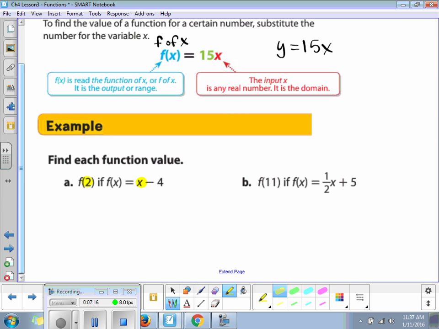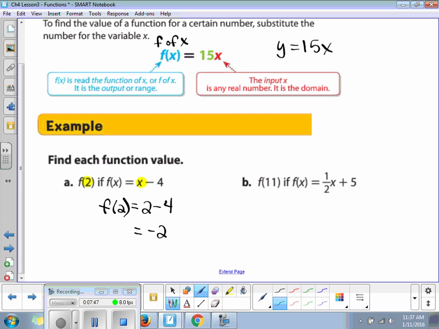You end up with f of 2 is equal to 2 minus 4. All you're doing is taking that value of x and substituting it into the equation. So f of 2 is equal to negative 2. Got it?